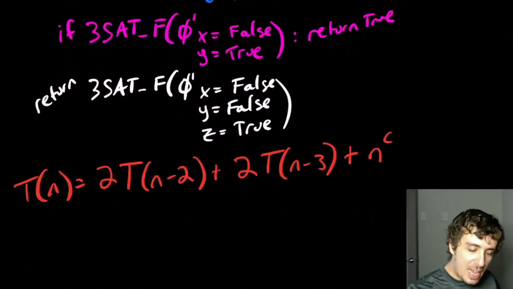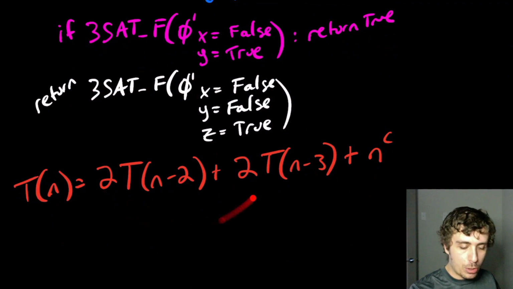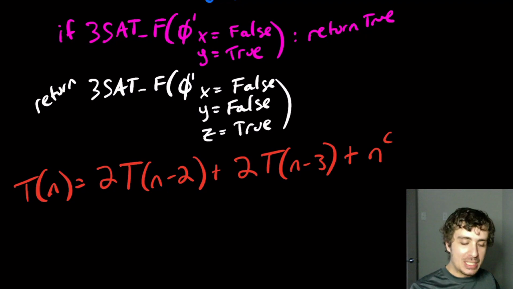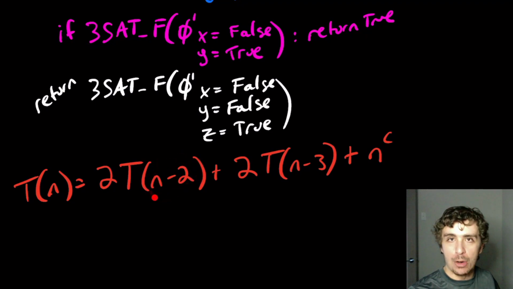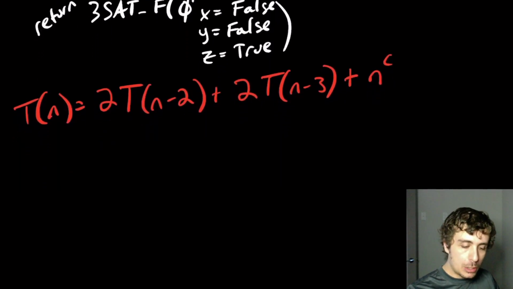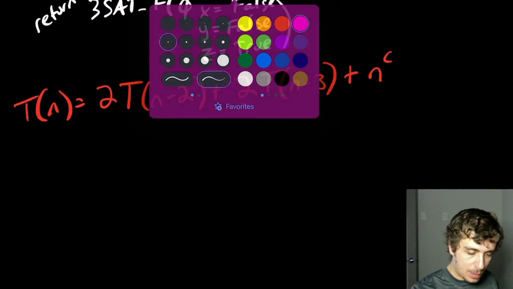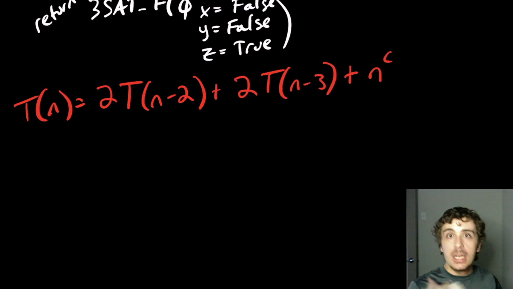So the advantage of this, you may think, okay, well, there are 2 things now versus 1. The advantage is that we have an n minus 2 now, not an n minus 1. So what is the actual runtime when we simplify all of this?